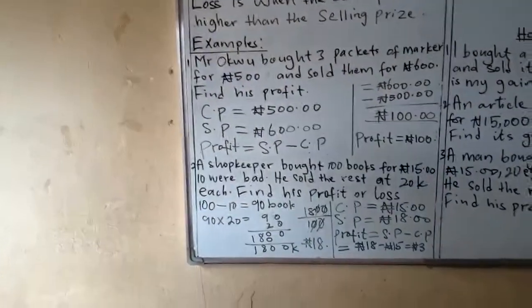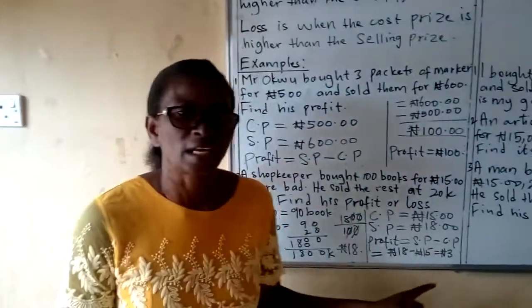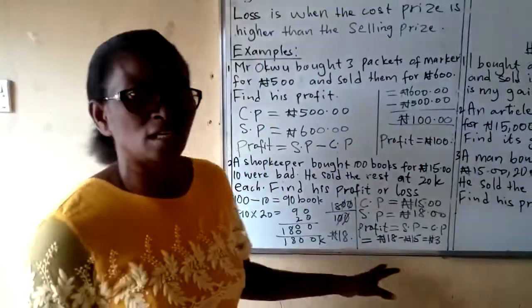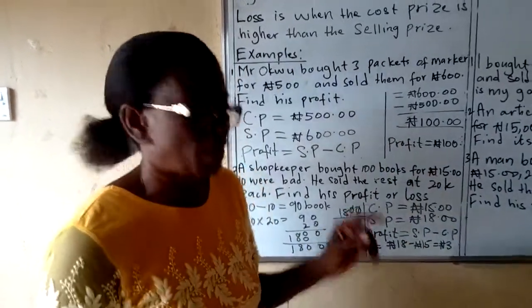So you can now see that the shopkeeper made a profit of 3 naira after selling the 90 books at 20 kobo each. Very good.